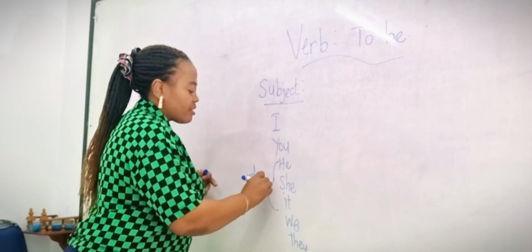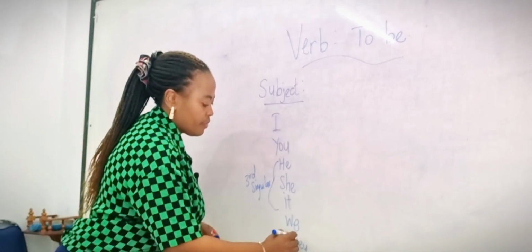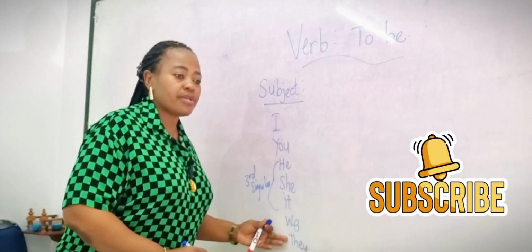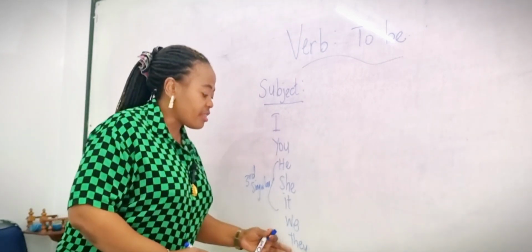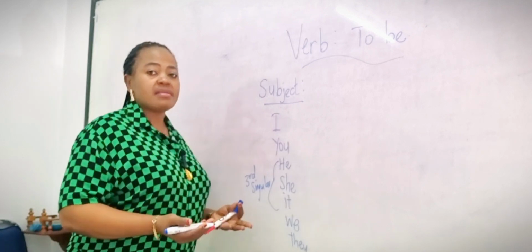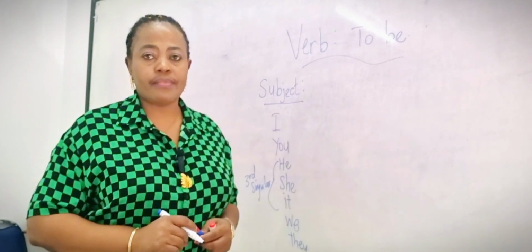We also have first person plural, we, second person plural, which is still you, and the third person plural, which is they. Plural means more than one, and singular means only one.